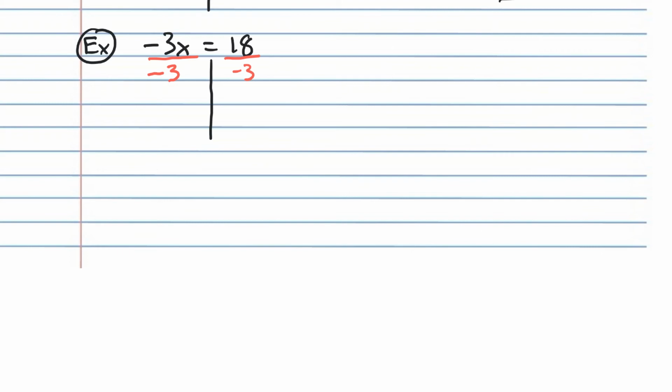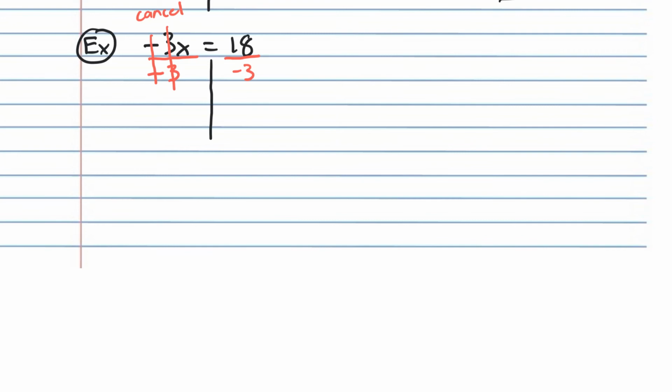What that causes is that the 3's will cancel out. Okay. Oops, sorry. Let me rewrite that. Okay, we're causing these 3's to cancel. Okay, and what's also happening is that negative divided by a negative also cancels out, making it positive, which is what we need, right?